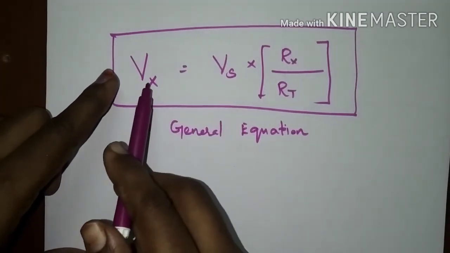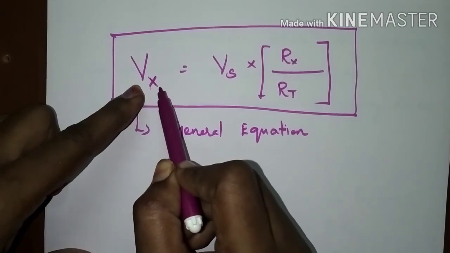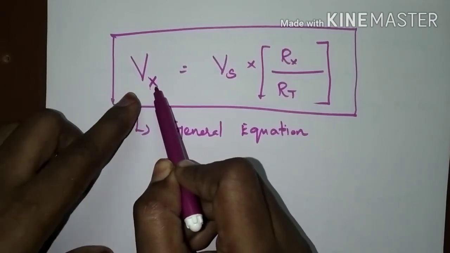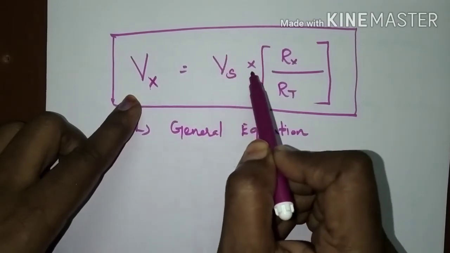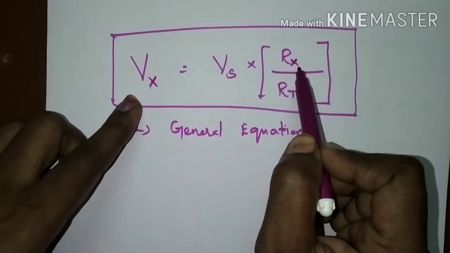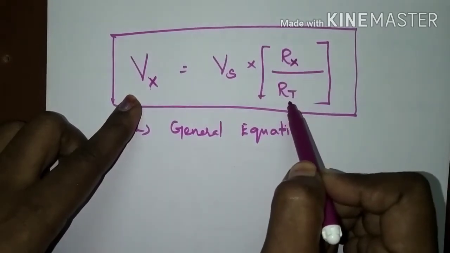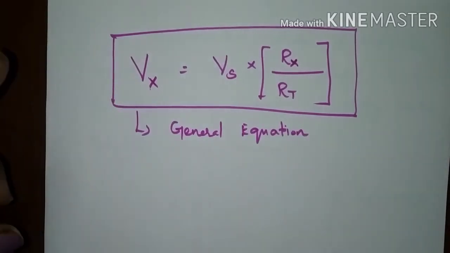That is, if we want to find the voltage drop across some element in the circuit, it is equal to the supply voltage times the resistance of that element, divided by the total resistance present in the circuit.